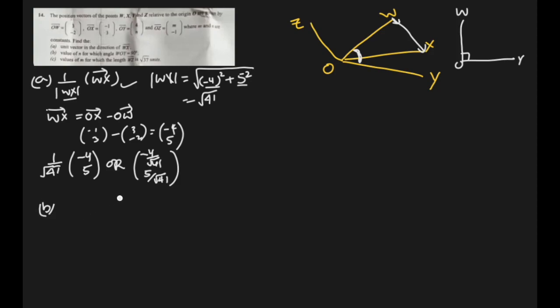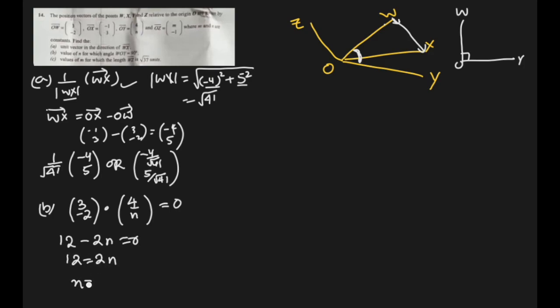So dot product of OW, which is 3, minus 2, dot OY, which is 4, n, has to be equal to 0. So in dot product we multiply the x component with the x, which is 3 times 4, 12, minus 2n, y with y, equal to 0. So 12 equals 2n, n becomes 12 over 2, which is 6. Got the value of n.